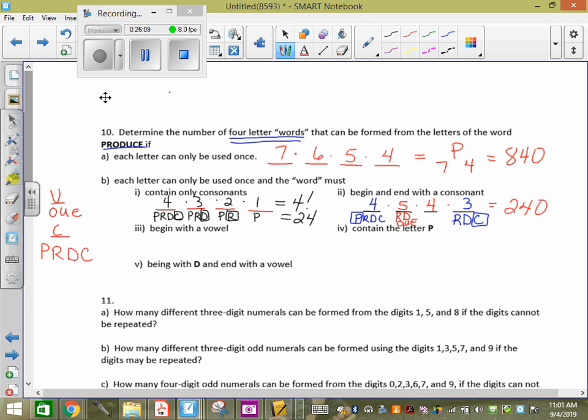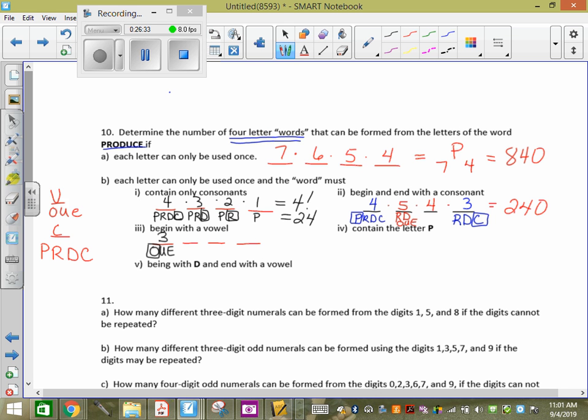Begins with a vowel. So the only restriction I have is it has to begin with a vowel. Are there any restrictions on the other 3 letters? No, so I need to deal with the first blank first, because I always deal with restrictions first. It has to begin with a vowel. So I have O, U, and E. So I have 3. Then I keep one of them. I'm going to pretend to keep the O. Then how many letters do I have left to do the rest of the blanks with? 6.